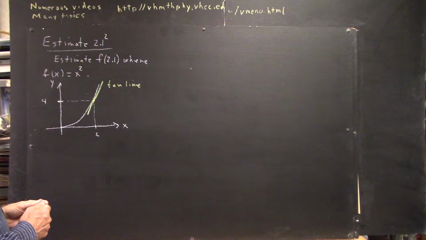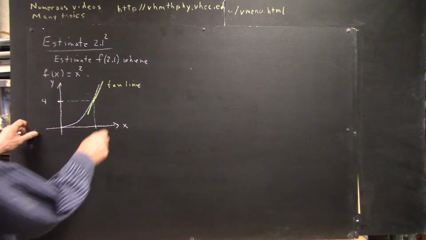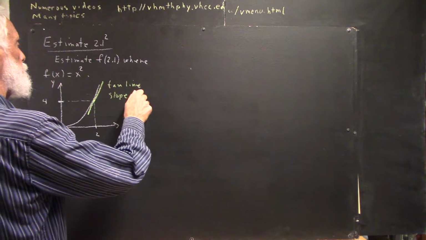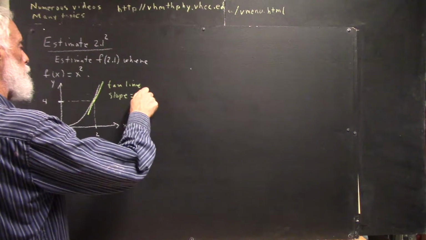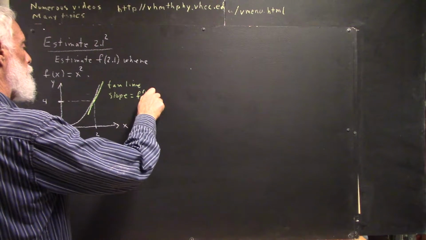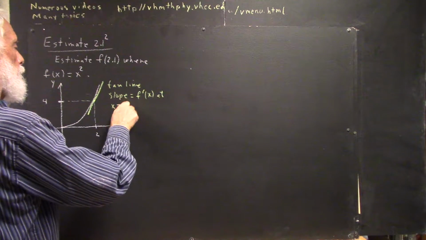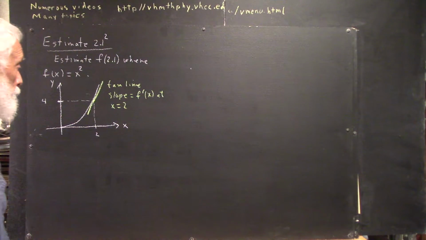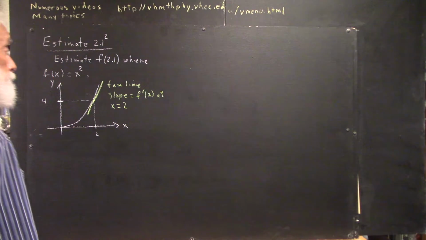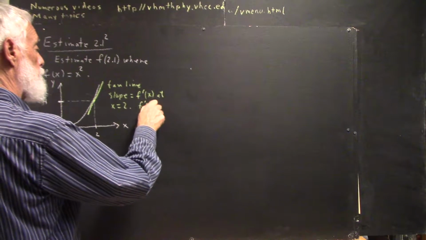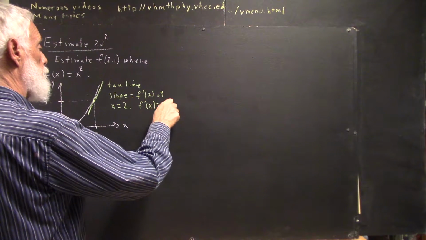So the tangent line, well, let's see, the slope is f prime of x at x equals 2. F prime of x equals 2x.